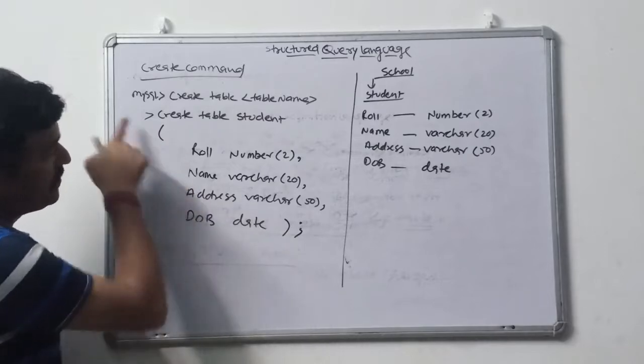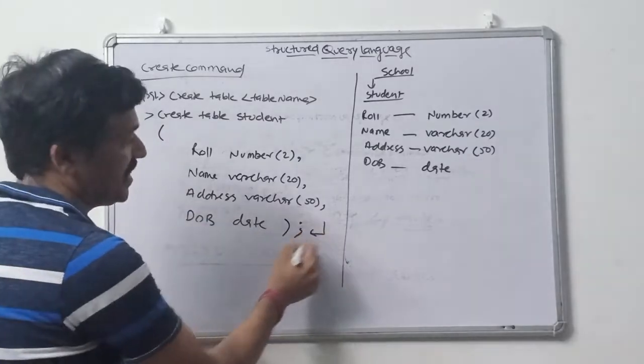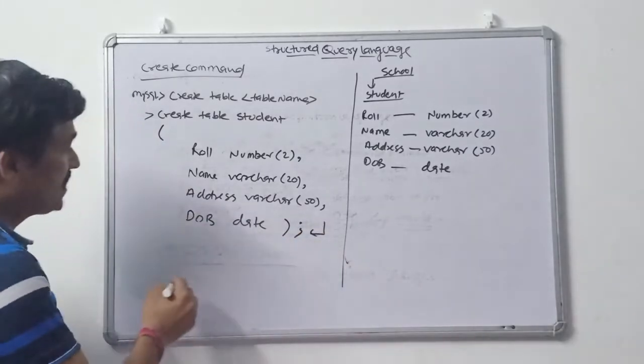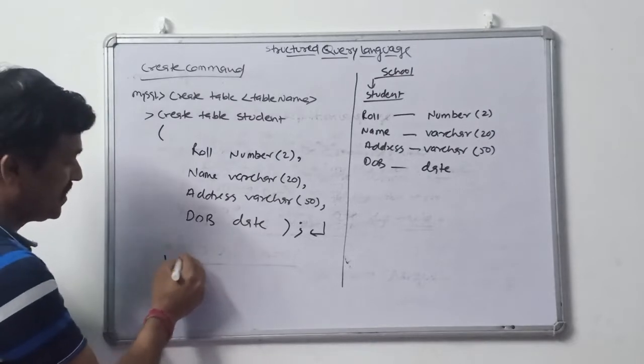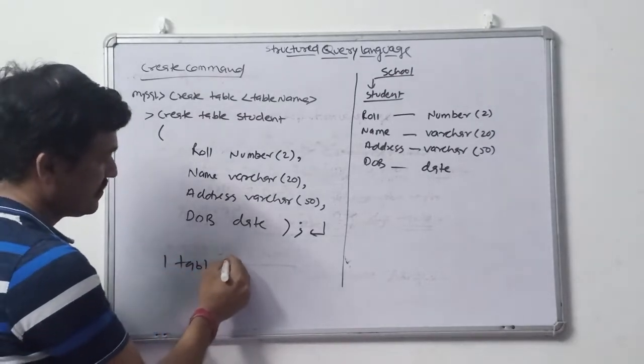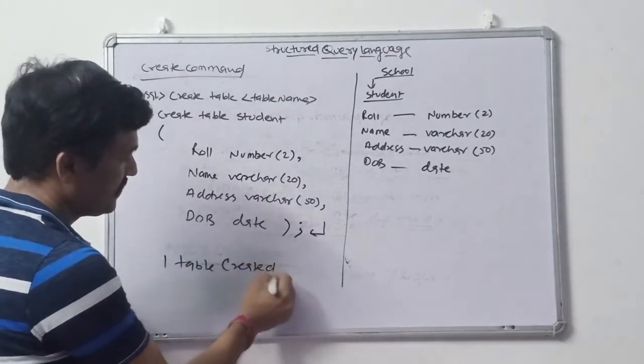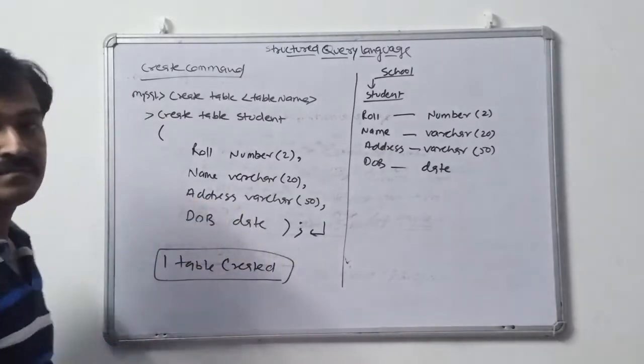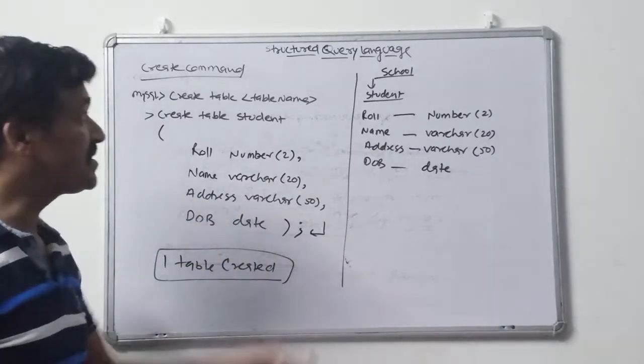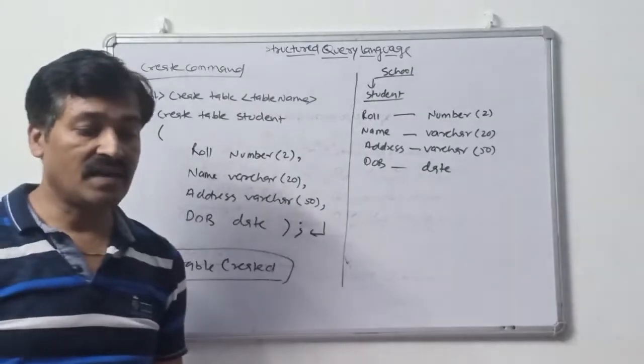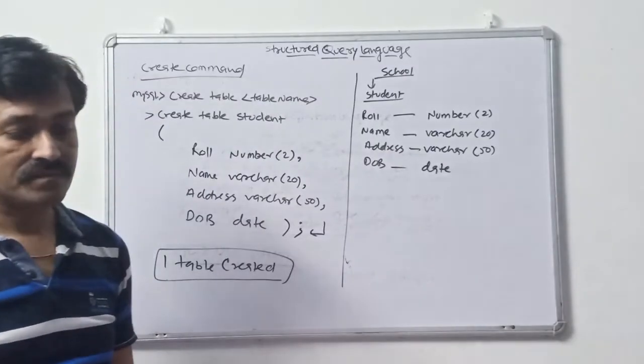Now this command is completed. When we press enter here, then the message will be shown as one table created. Means your database school contains one table now.